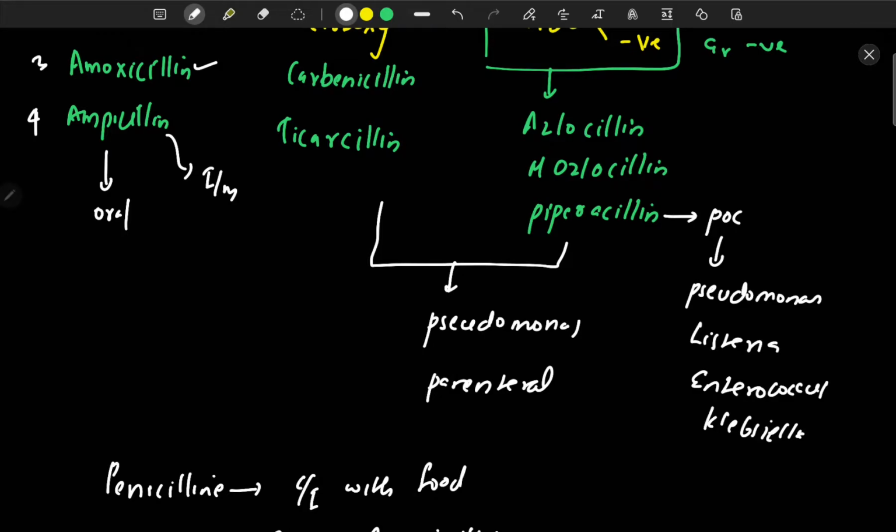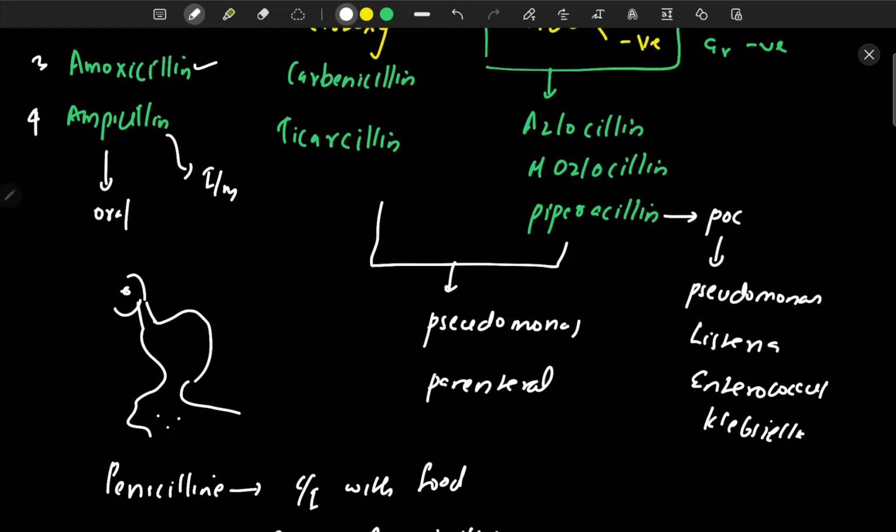And as amoxicillin has more oral absorption, the diarrhea will be less. When amoxicillin has better oral absorption, less of the drug reaches the intestine, where there is normal bacterial flora.